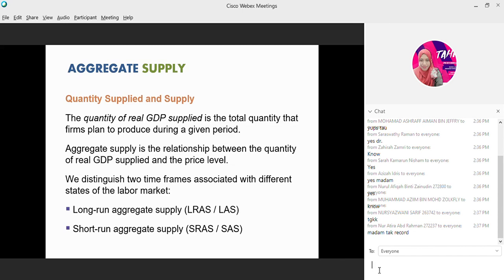Or we want to calculate the average price of food. Now in Malaysia we have a lot of food. So in a basket we put in all types of food, and then we calculate the average price. The average price of that basket of food is the price level. That is the simple way for you to understand.